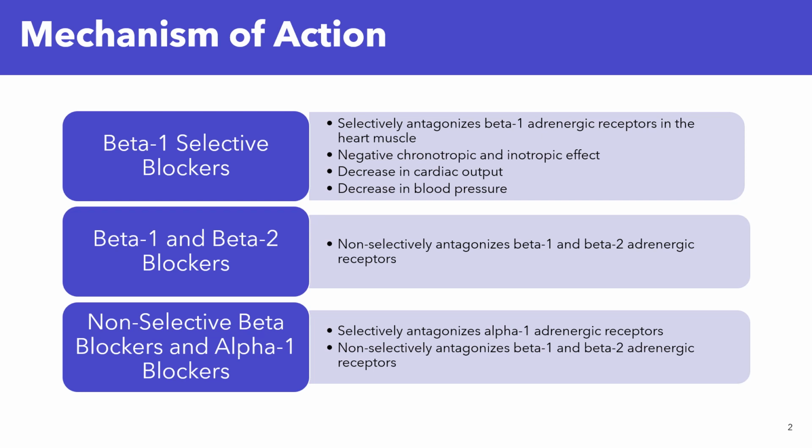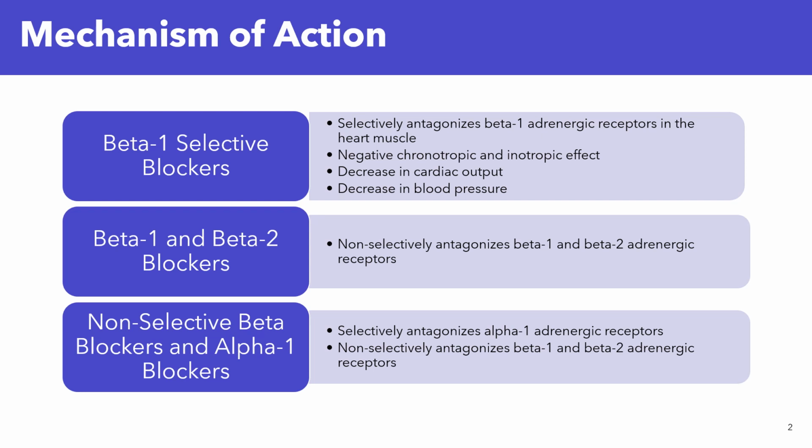So they have the same effect as the beta 1 selective blockers, but with the additional effect of the beta 2 blockade. The beta 2 receptors are mostly located in the smooth muscle. So with beta 2 blockade, that can lead to bronchospasm.